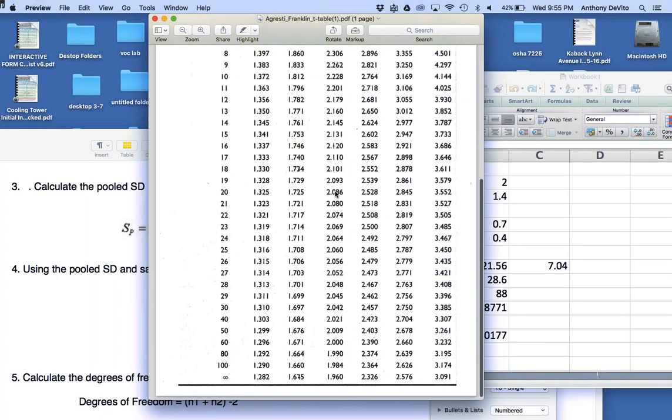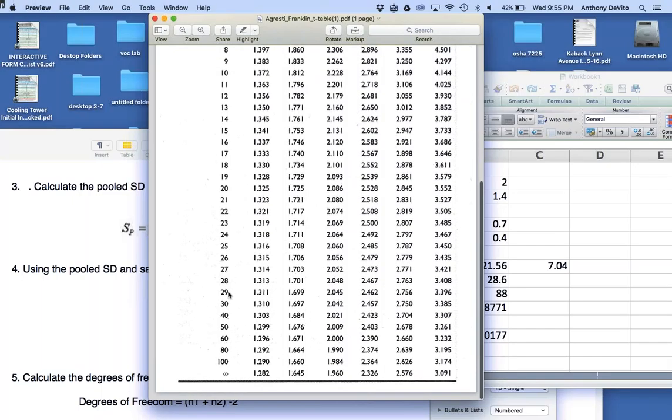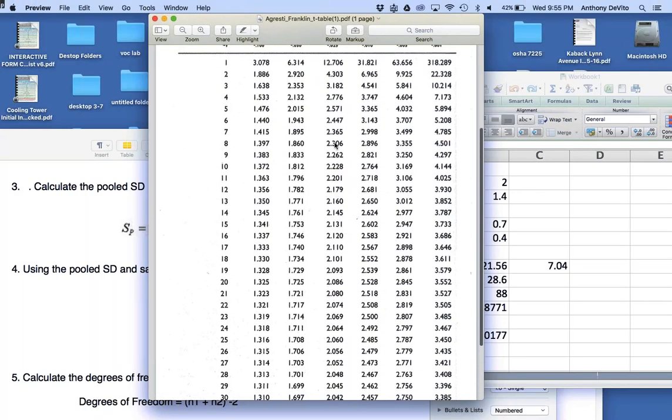I'm going to slide down here, and you'll notice that the higher you get in degrees of freedom, the smaller the critical t-value. This is the t-value you have to exceed in order for the p-value to be less than 0.05, the probability of being wrong if you're rejecting the null hypothesis.